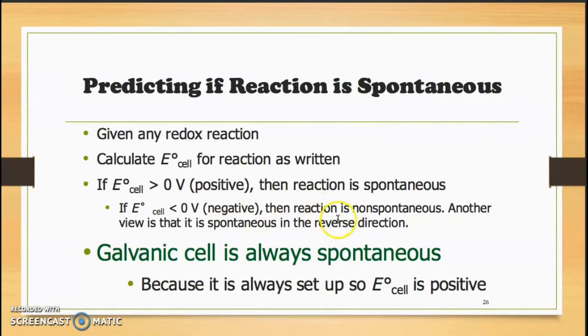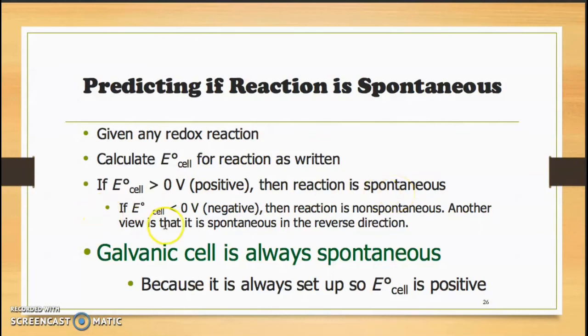Predicting if a reaction is spontaneous: given any redox reaction, calculate the standard cell potential for the reaction as written. If the standard cell potential is more than 0, meaning positive, then the reaction is spontaneous.